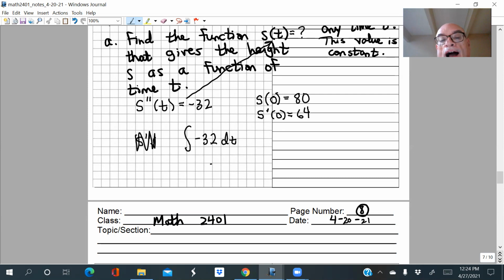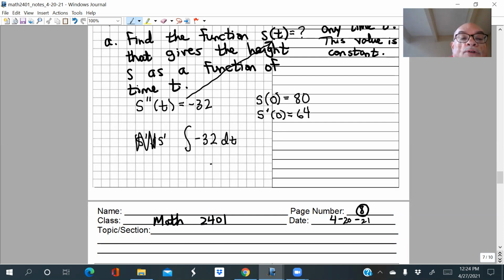All right. So Alba, when you take the antiderivative of the second derivative, what are you going to end up with? Of the second, the first derivative. Yeah, you're going to end up with the first derivative, right? You're not going to end up with the original function.